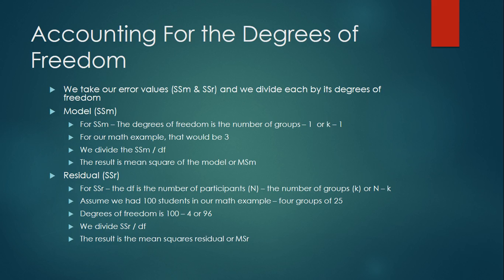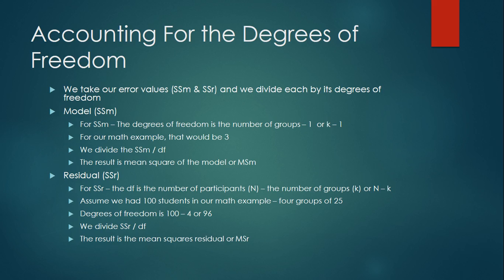Assume that we had 100 students in our math example. We had 4 groups of 25, and those were all independent measures. So our degrees of freedom in this case would be 100, our n is 100, minus 4 groups, or 96. So we're going to now distribute the residual error, the SSR, over 96 different degrees of freedom by dividing the SSR by 96. And the result is something called the mean square residual.